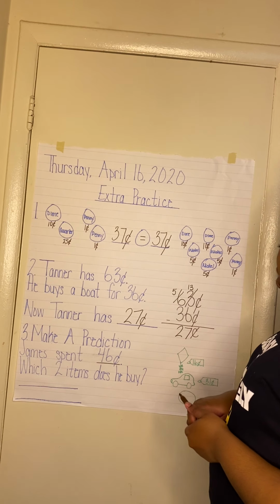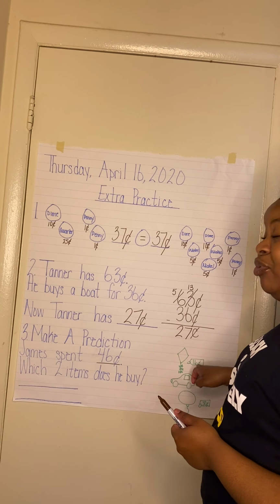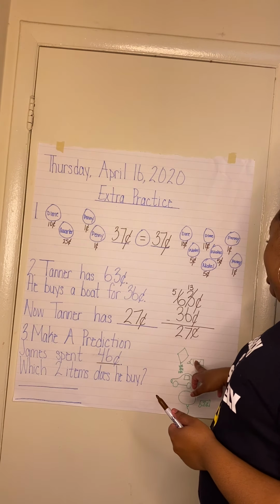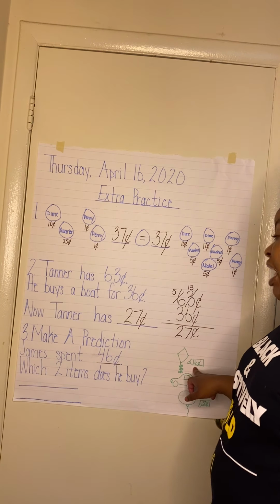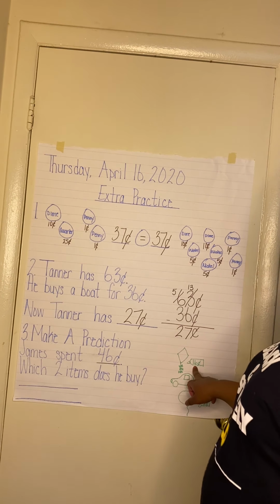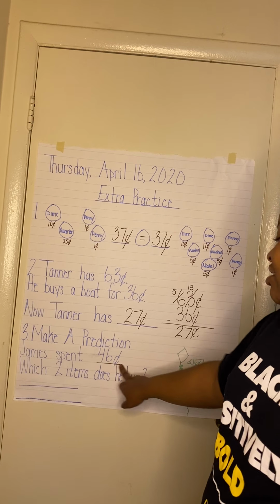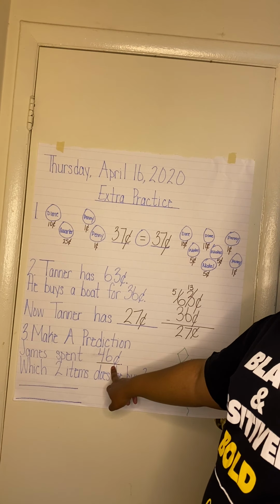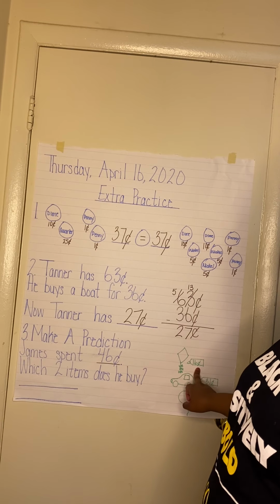So I know for certain that most likely James might have bought a kite because kite is the only one that has a ones number as a six. My kite is 16 cents and James spent 46 cents. So 6 and 6 matches. So I know for certain that he might have bought a kite.